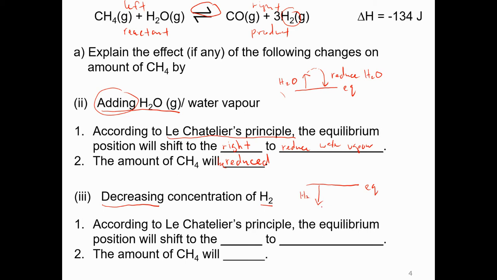Decreasing hydrogen, so in order to get back to equilibrium, we need to increase hydrogen. Hydrogen is on the right, so equilibrium will shift to the right to increase the concentration of hydrogen. If it shifts to the right, the amount of CH4 will reduce, because it has shifted to the right.